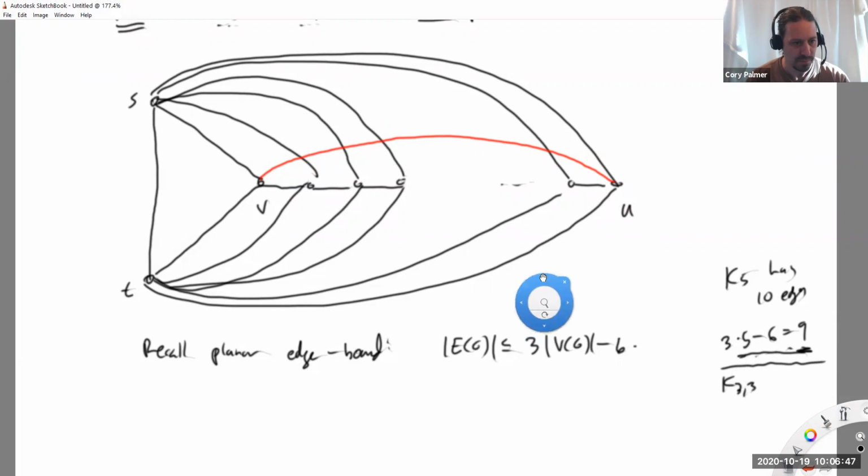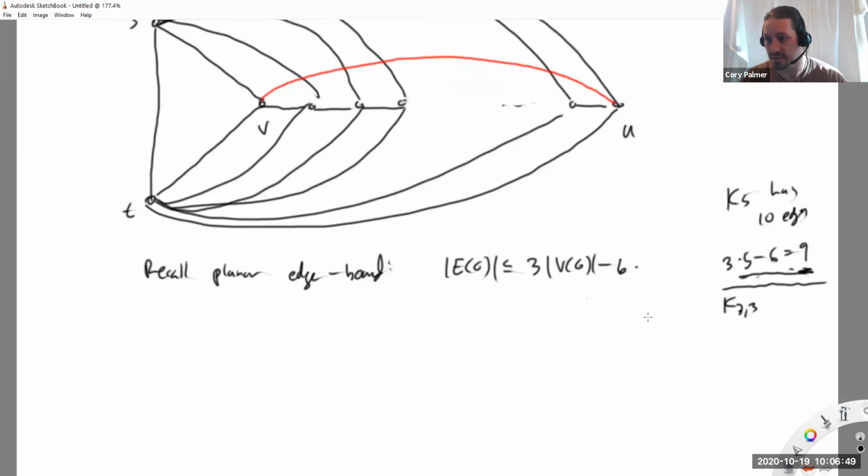K33 doesn't actually violate this. The planar edge bound says that with 6 vertices, 3 times 6 minus 6, it can have at most 12 edges, but K33 has 9. So it doesn't violate the planar edge bound, but it is not planar.